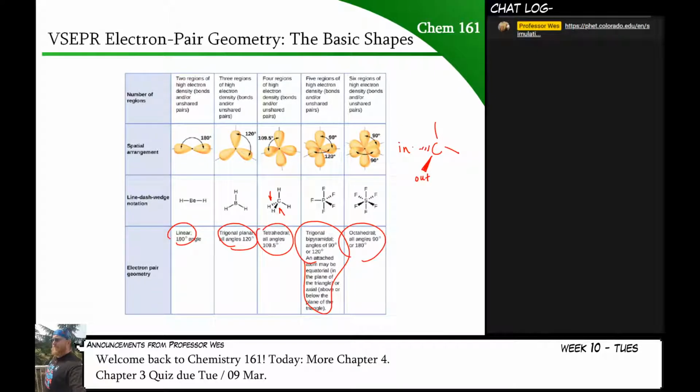So just be mindful that you may start to see those in our Lewis structures. And that's totally okay if you decide not to use them. The intent is that they're trying to convey some sense of three-dimensional depth, where everything that is just a regular line, like in PF3, these are all in the plane of the paper. One of them's coming out towards you, and one of them's going behind. It's just an attempt to convey more information.